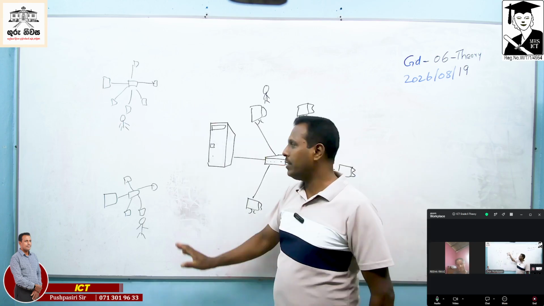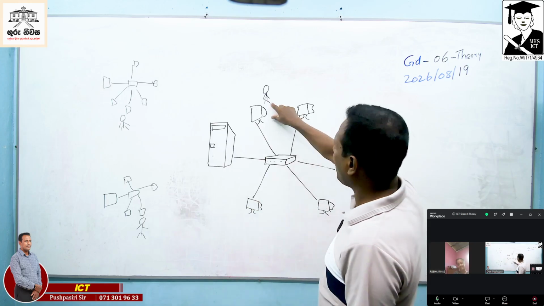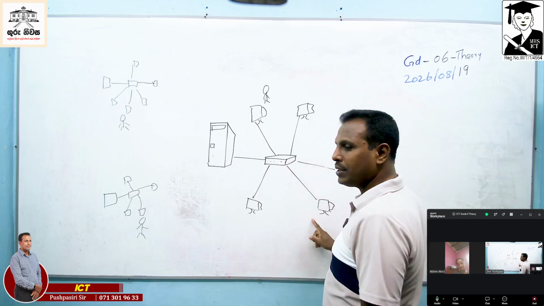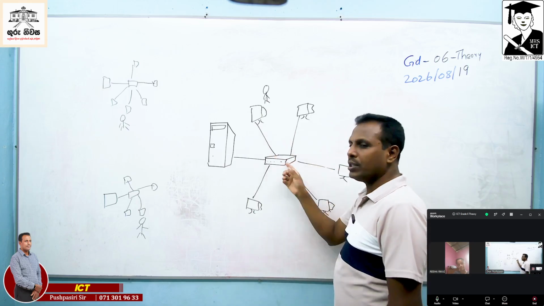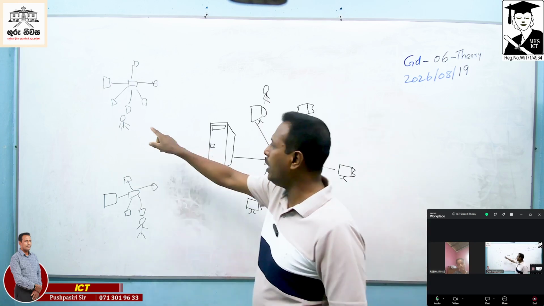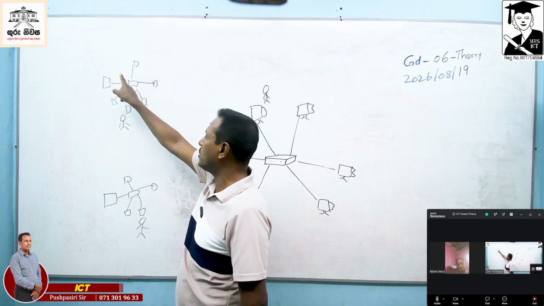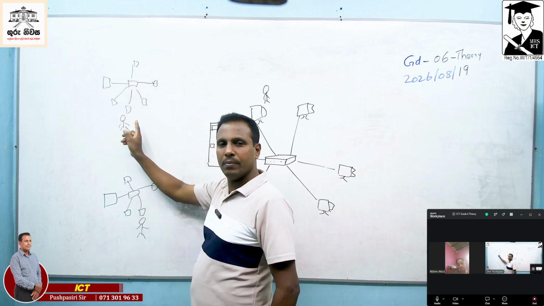But I can send. I am here. I can send a message to this person, or this person, or this person, because we are connected to each other. And Riha can send a message to this person or this person or this person, because they are already connected to each other. There is a link.